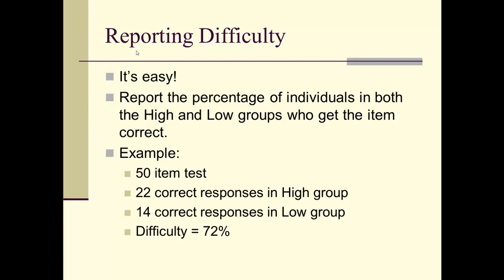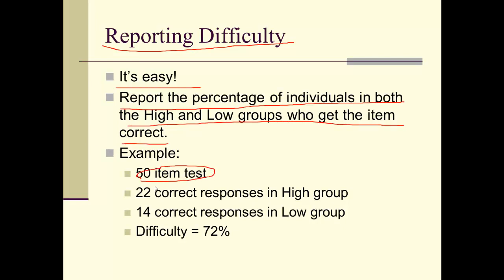Now, reporting difficulty is an easy thing to do. You report the percentage of the individuals in both the high and the low group who got the test item correct. So you've got a 50 item test. You got 22 right in the top one. You got 14 right from the low group.